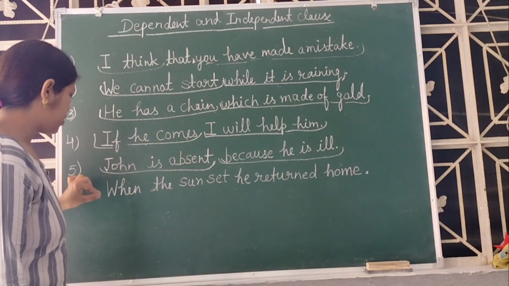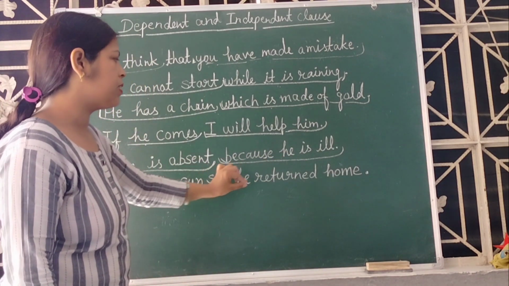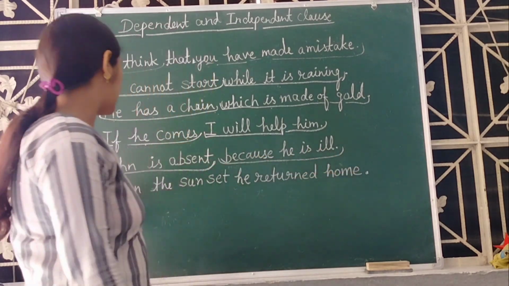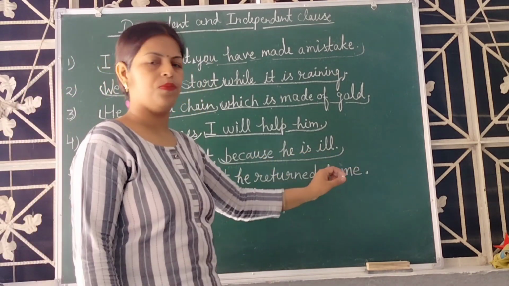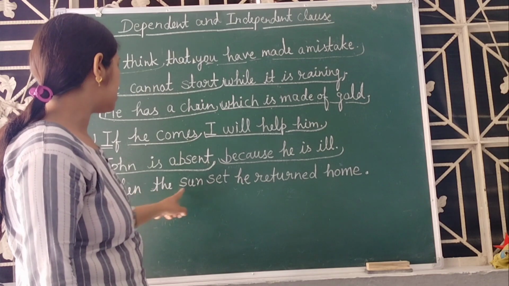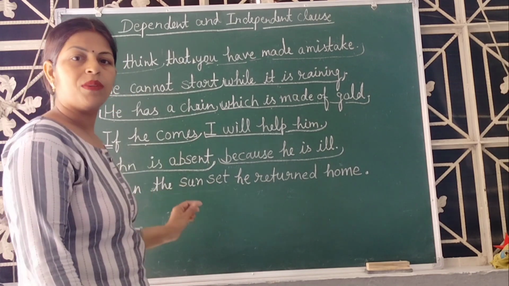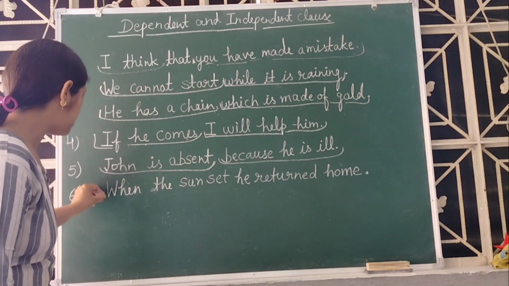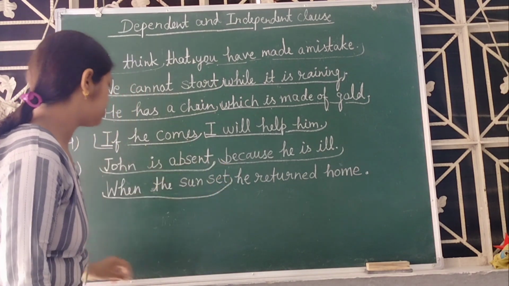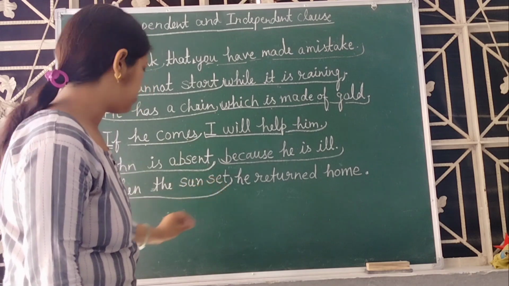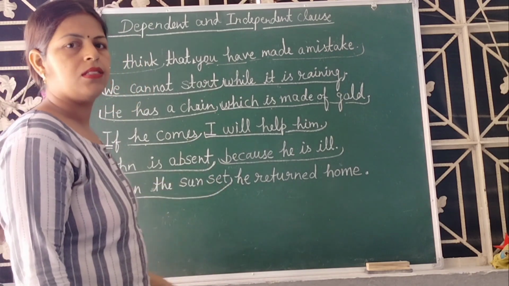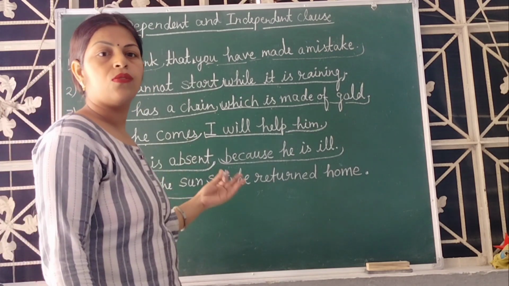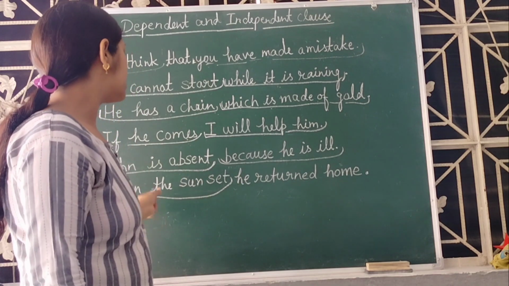Okay. Our next example is: when the sun set, he returned home. If I say only the sun set, it would be an independent clause and has complete sense. But here, when is added to this sentence. When the sun set, जब sunset होगा तो क्या?